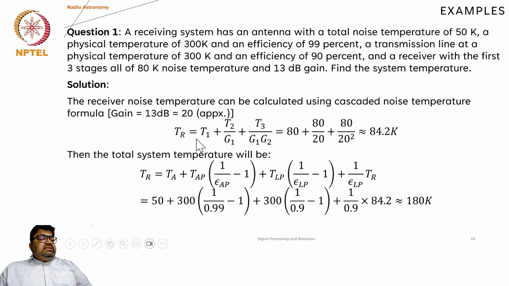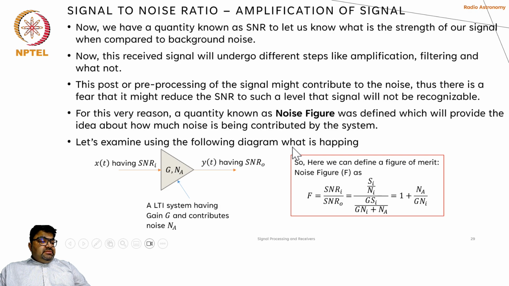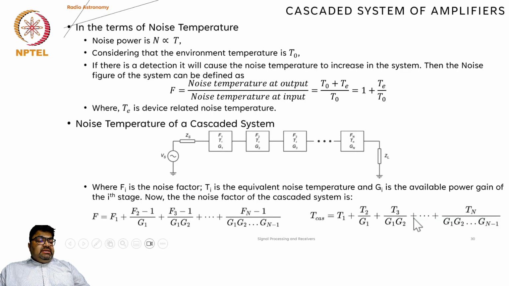Okay, first we compute the receiver temperature. It's the cascaded noise temperature formula we have used. There are three stages. So the total temperature of the receiver is T1 plus T2 over G1 plus T3 over G1 G2. We have done it earlier in this particular slide.